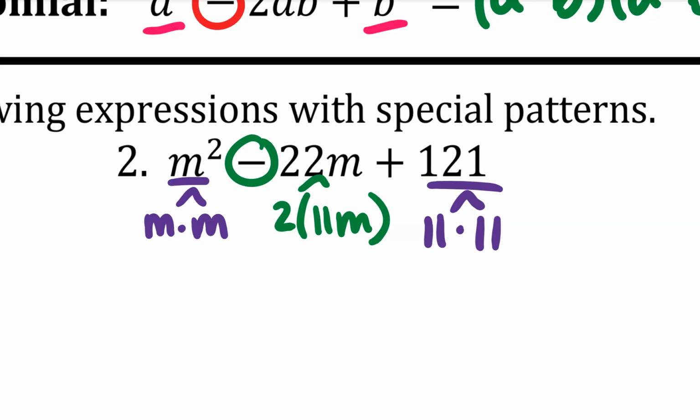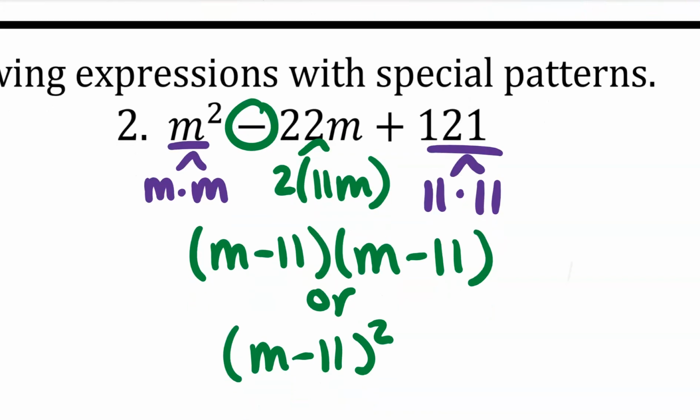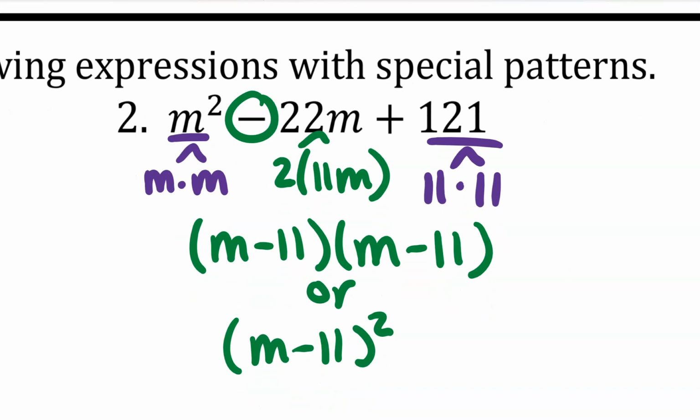I know we have a minus here. So I'm going to have m minus 11 times m minus 11, or m minus 11 squared. Again, this is me using my perfect square rules. If you want to use the x again, you totally can. I'm not saying you can't.